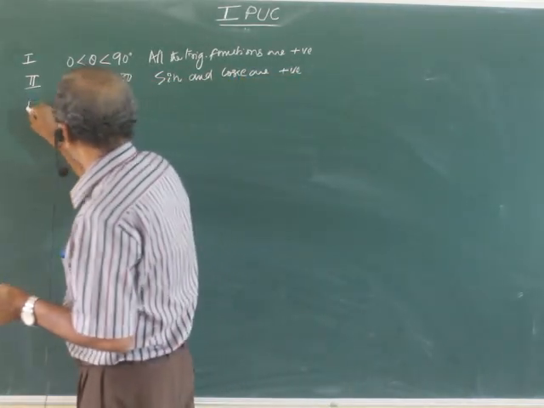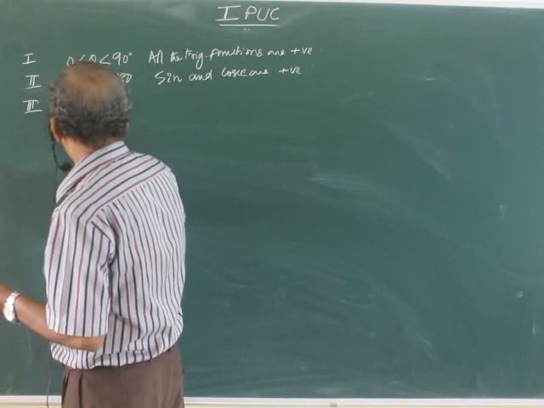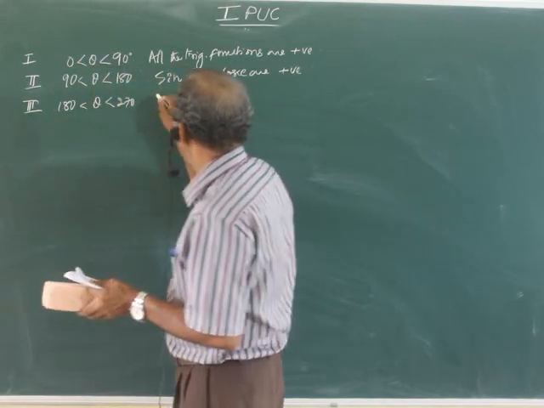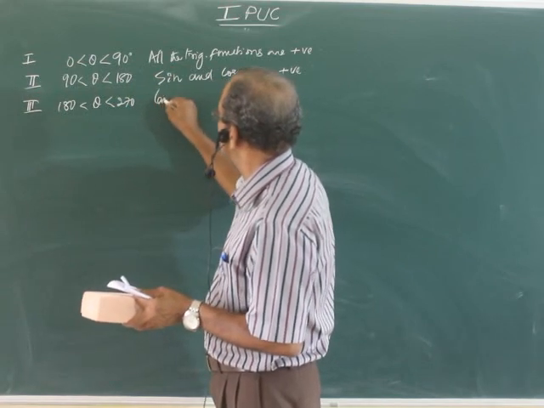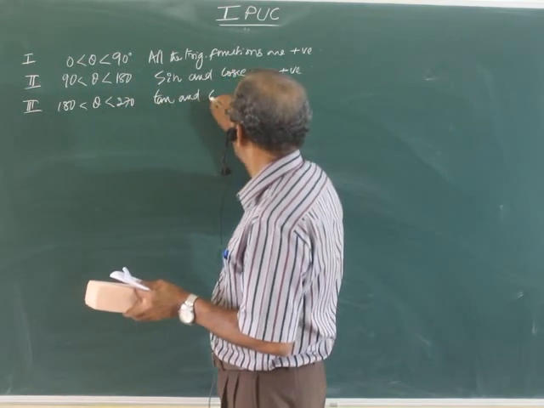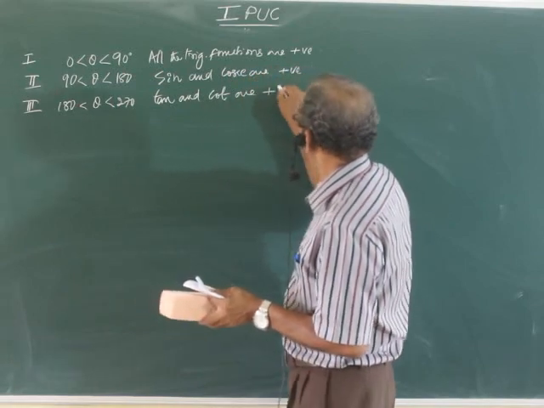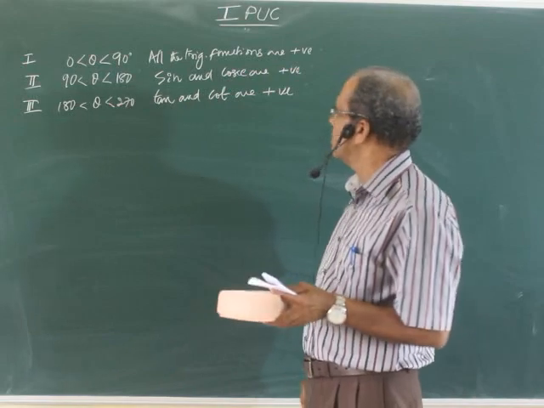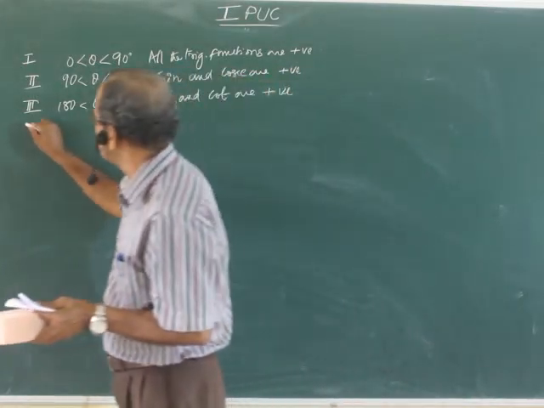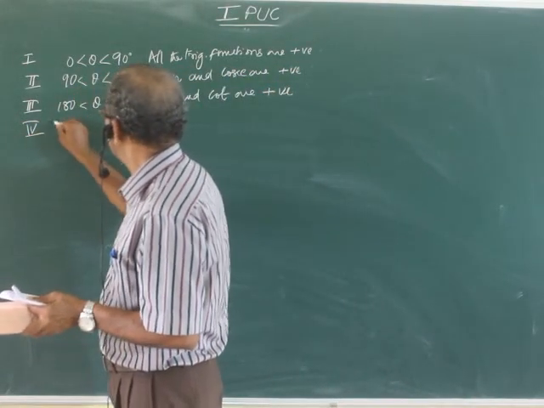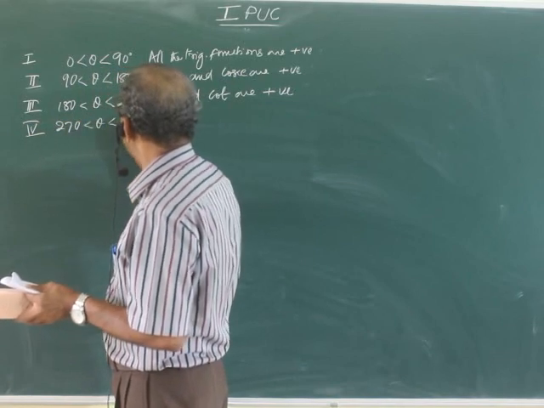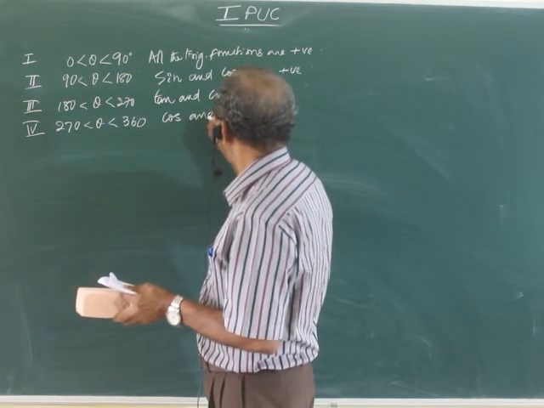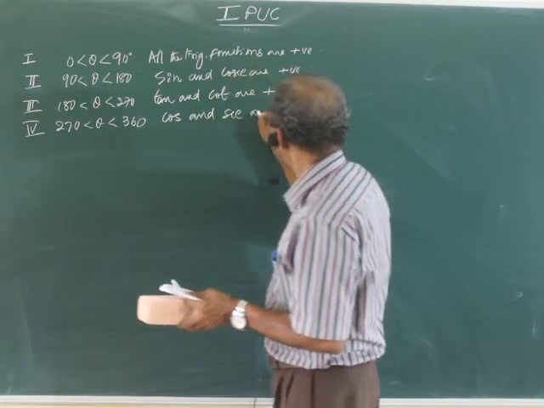In the third quadrant, the angle is greater than 180, less than 270. Tan and cot are positive. And in the last quadrant, if the angle is greater than 270, less than 360, cos and secant are positive.